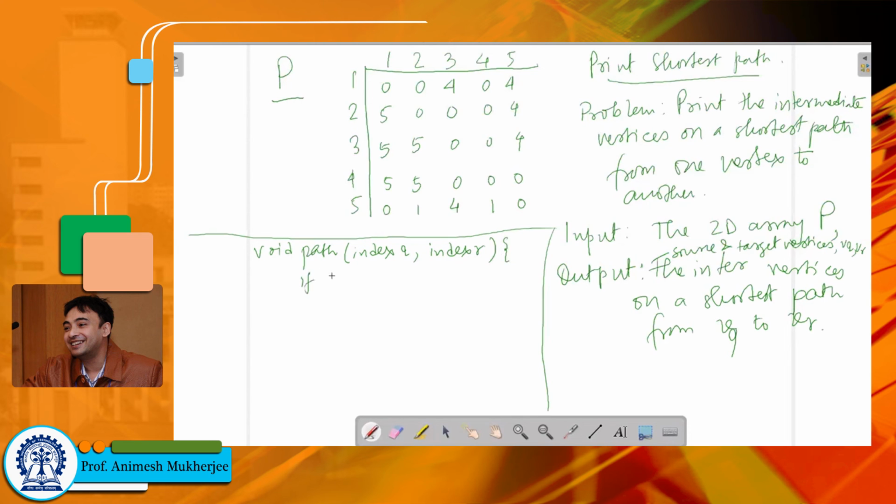If P of QR is not 0, then you recursively call path Q and whatever is there on PQR.